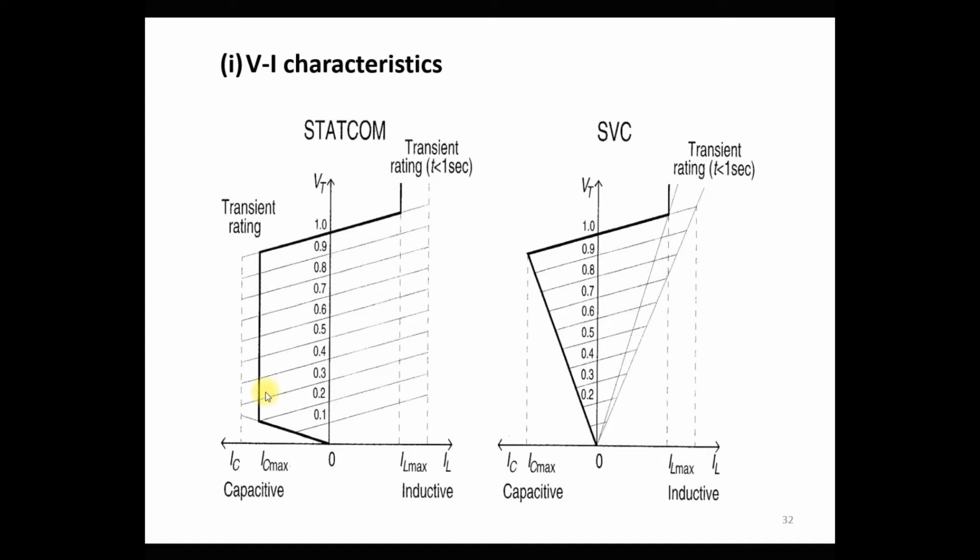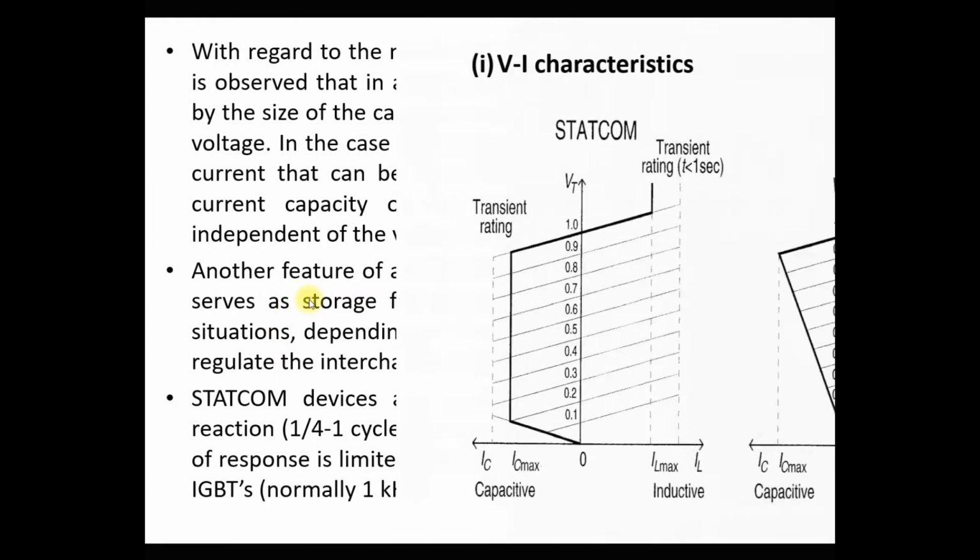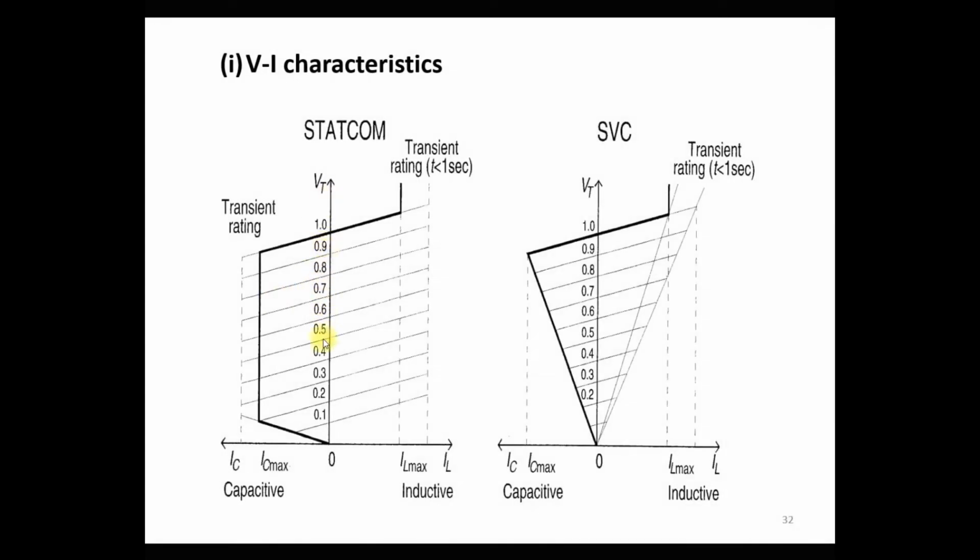If you choose a large size of GTO or IGBT, it injects the maximum current based on the rating of the semiconductor devices, but it does not depend upon the system voltage. As the system voltage decreases, the maximum current capacity remains constant. Clear? Whereas in the SVC, it decreases with the system voltage as well as depends upon the size of the capacitor. If the size of the capacitor is small, then the maximum capacitive current provided by the SVC is also small.